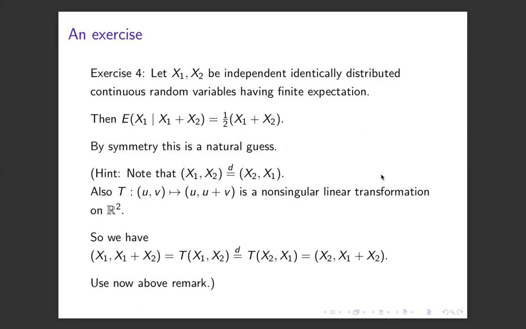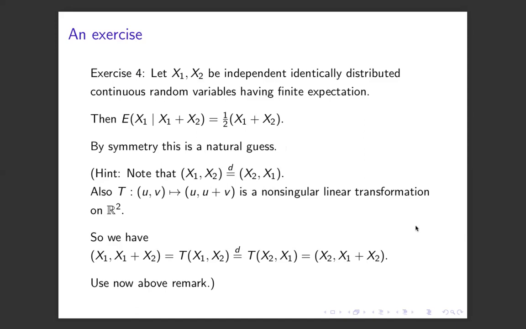I will give you the formula later. You would also have studied earlier how it changes with non-singular linear transformations. So we will also see this today.